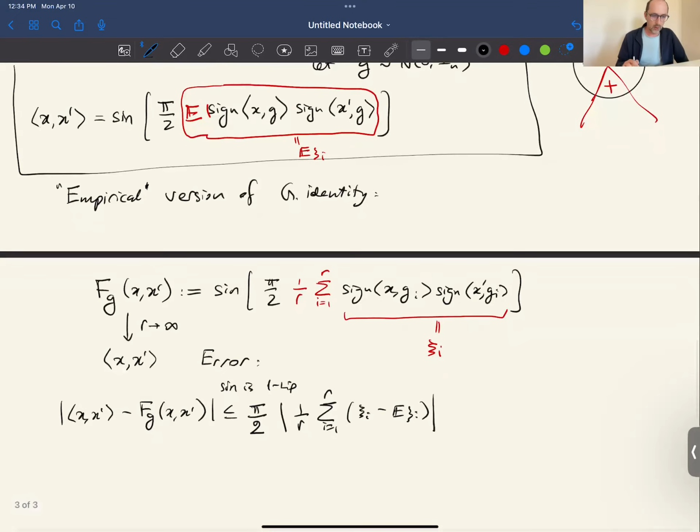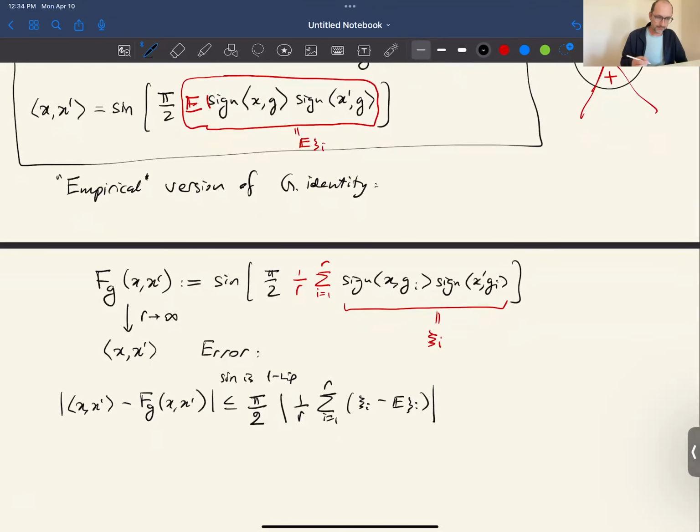So far, so good. And this happens for any realization of g. So I square the thing, <x, x'> minus f_g, and remember, I want to take the error, so this will be the L2 error here. So square, take expectation, and what do we see?